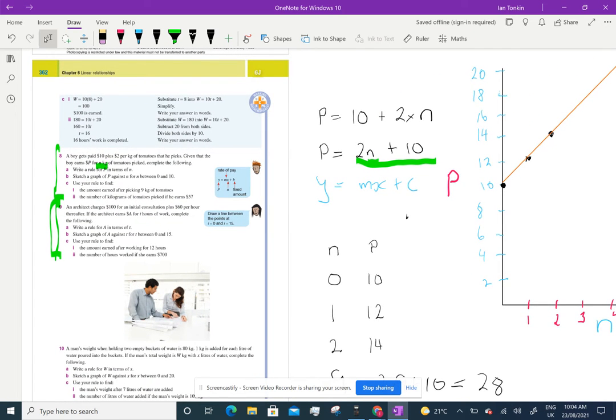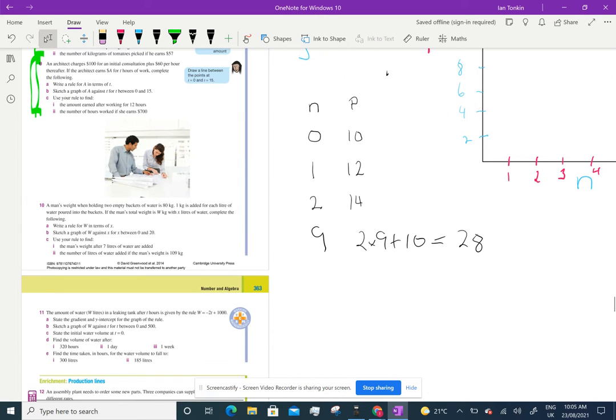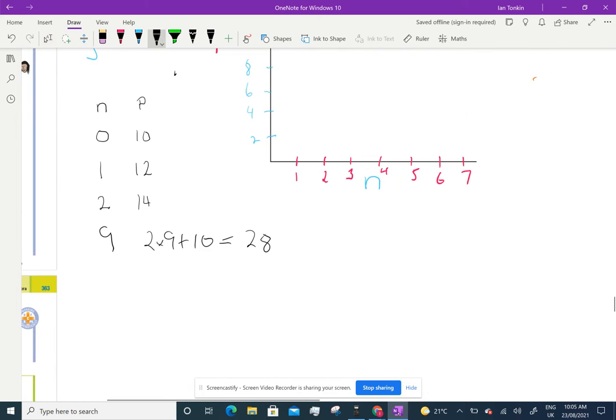Now find the number of kilos if he earns 57. This is where you've got to be really smart. So if P equals 57, well, I've got this formula, P equals 2n plus 10. So I put the 57 where the P is, and I get 57 equals 2n plus 10.